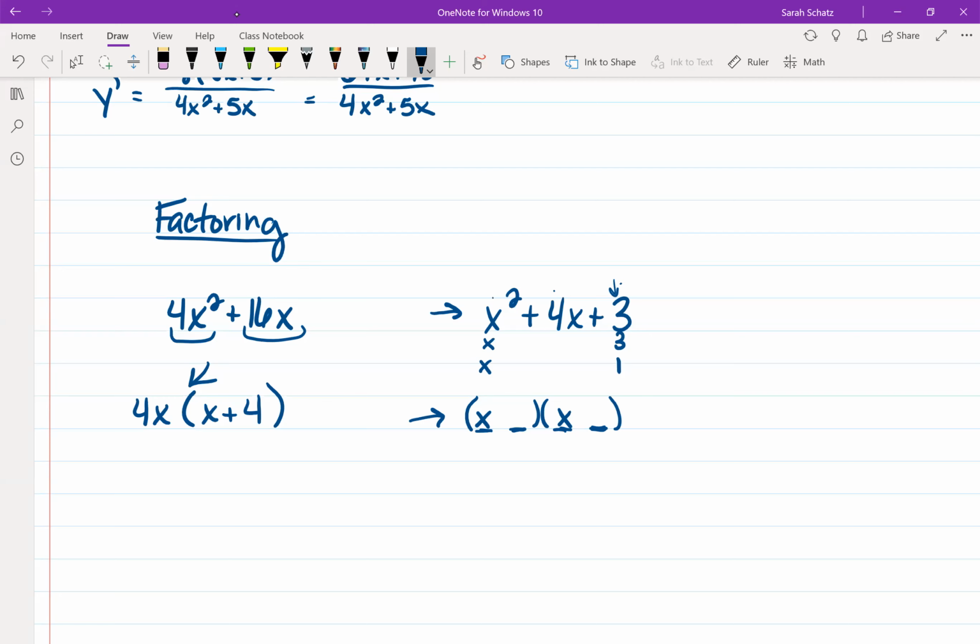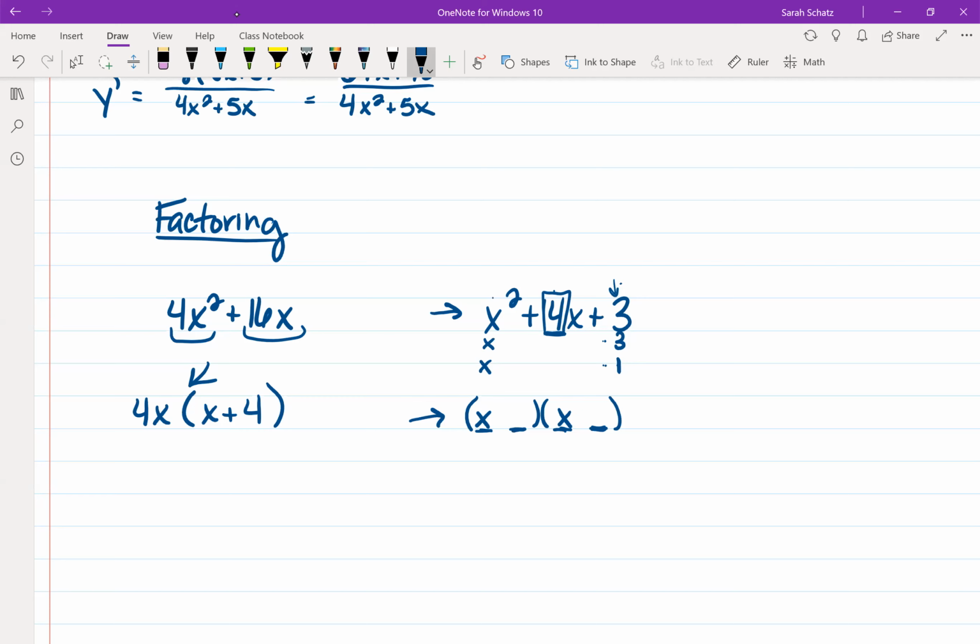So you guys, what I want to do, even though I know 3 and 1 are correct because I don't have another choice, the easy way to tell if you've got the correct numbers here are to add them up and see if they equal the number here in the middle. So I picked 3 times 1 because I had to again, but I just make sure 3 plus 1 equals 4, right?